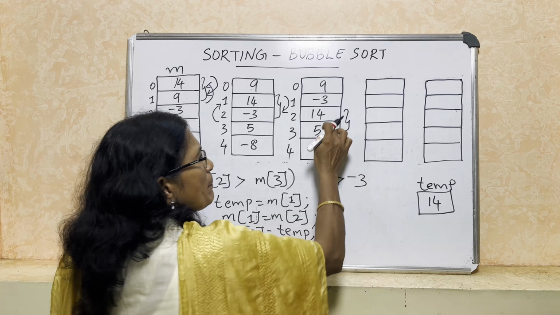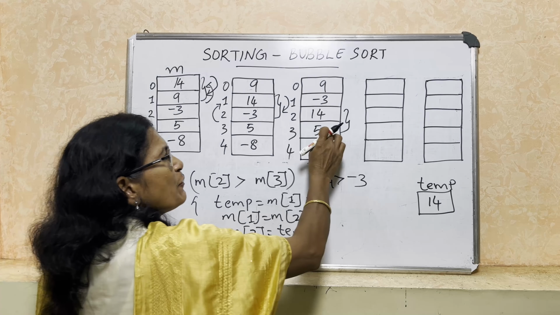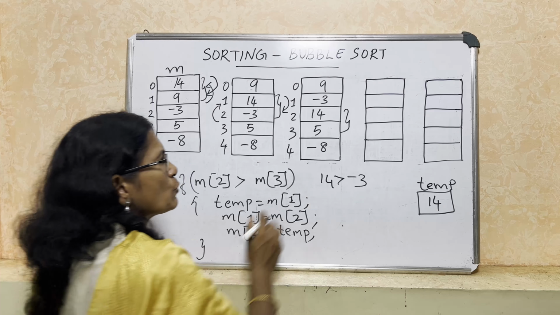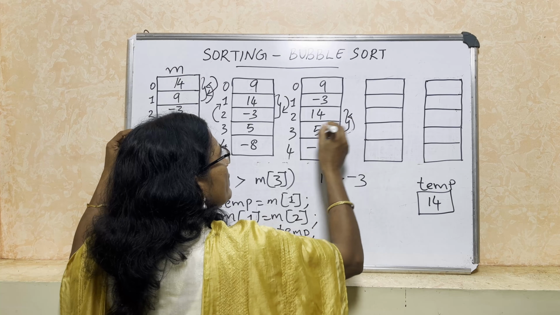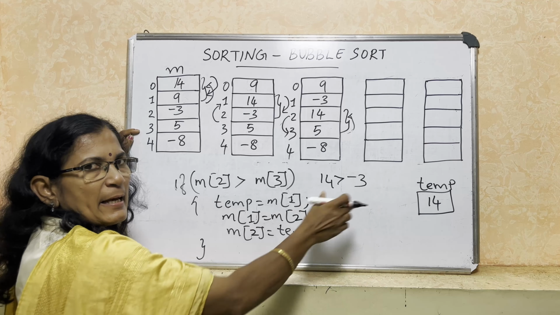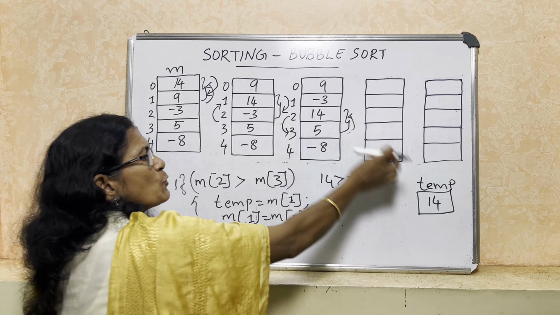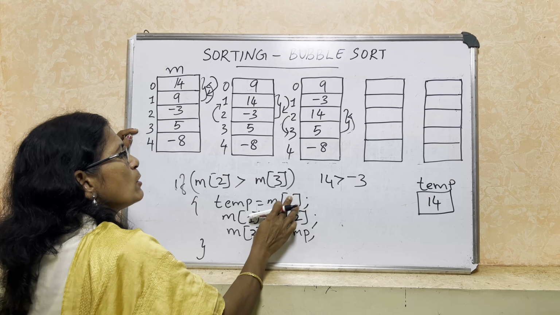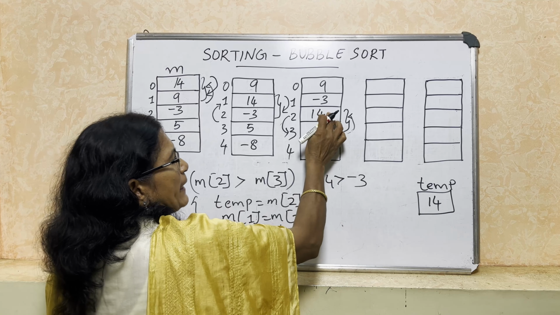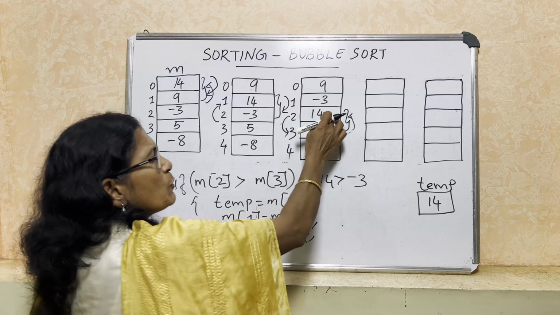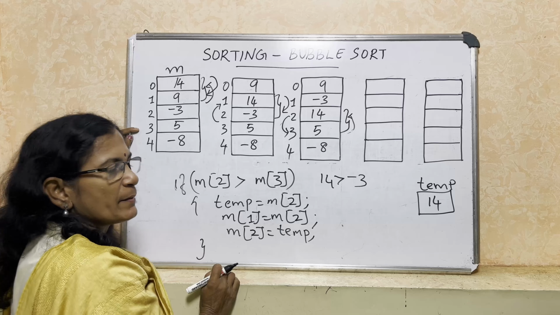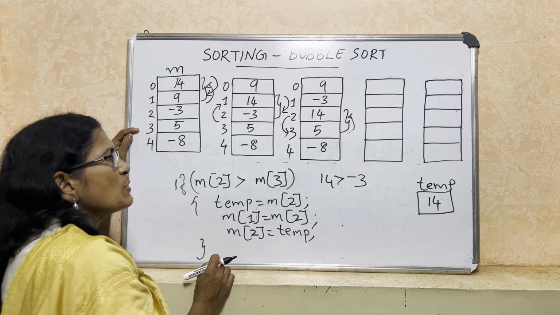So 14 should be placed at index number 3 and 5 should be shifted to index number 2. So swapping should be done with the help of a temporary variable. So let us assign m of 2 to temp. Temp equal to m of 2. From m of 2, value is assigned to temp. So 14 is assigned to temp.